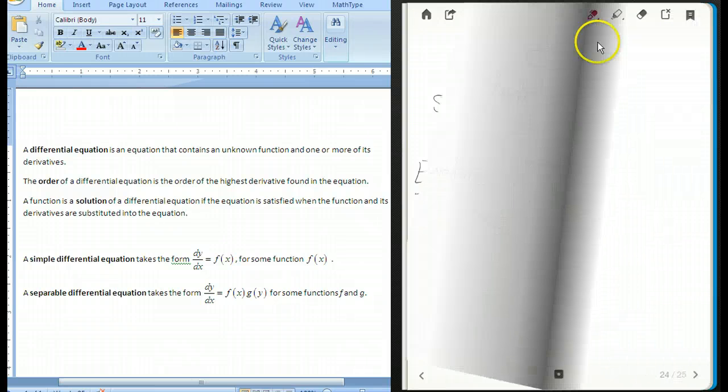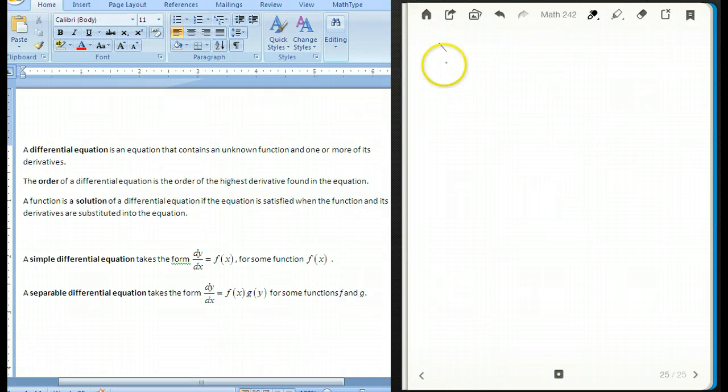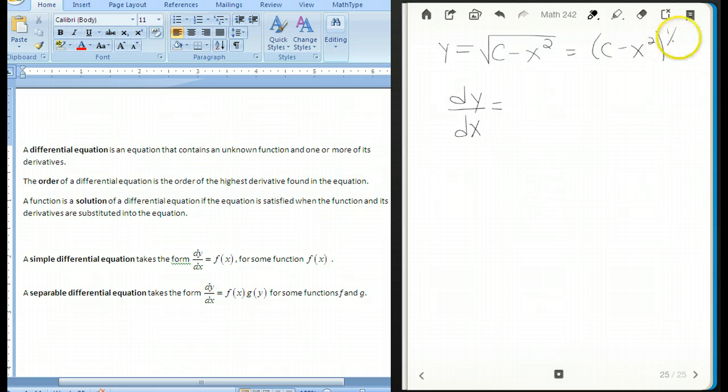So let's first take the derivative of that square root thing. We had y equals the square root of c minus x squared. Remember that this is actually c minus x squared to the 1/2. We apply the power rule and the chain rule: 1/2 times c minus x squared to the negative 1/2, times negative 2x because of the chain rule.